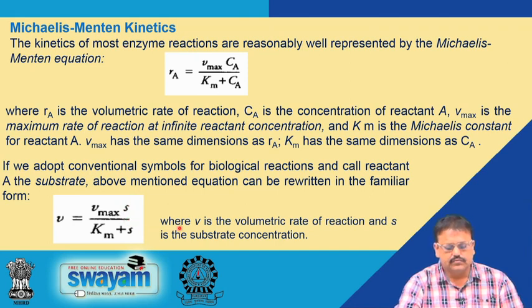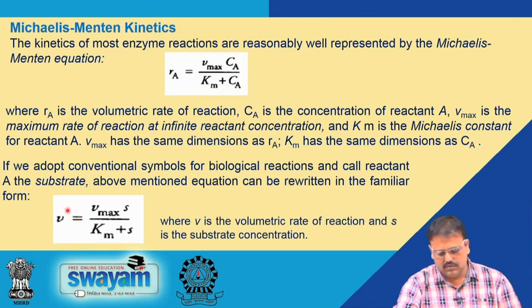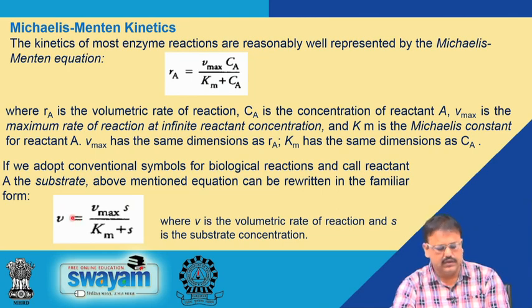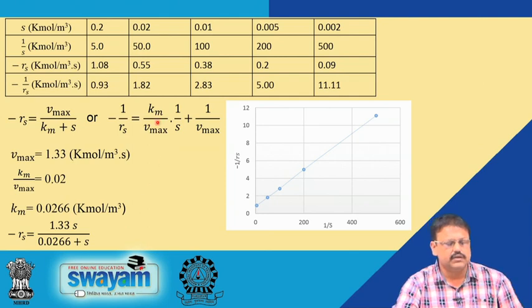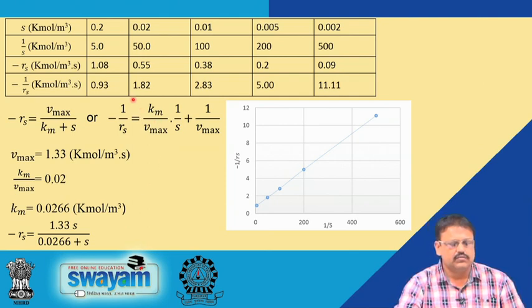V is the velocity of the reaction, that means how much substrate is changed per unit time, that is minus dS/dt. If we put that in the reaction and rearrange it, it can be written as 1 by Rs equals Km by Vmax into 1 by S plus 1 by Vmax.